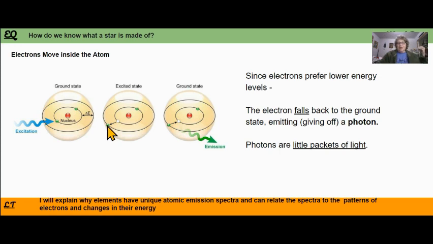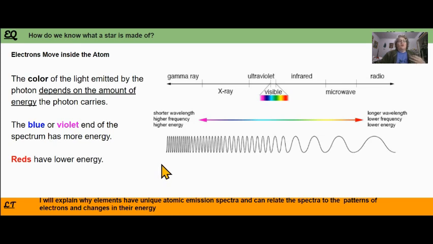And then it prefers to be in its ground state, so then it jumps back. When it jumps back, it has to give off or emit energy, and that energy is in the form of light.